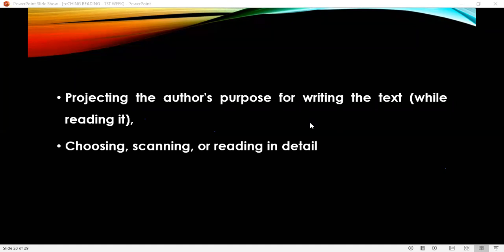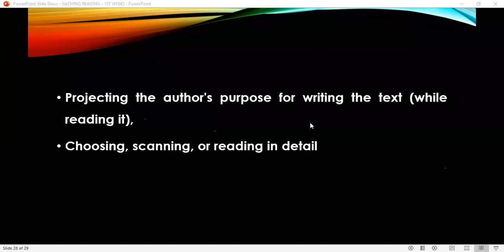Skimming is when you read fast again, but now to look for some specific information. And reading in detail is a more complete process of reading. You have to know the meaning of each word. If you don't know the meaning of each word, you cannot get the whole understanding, the whole comprehension of the text.